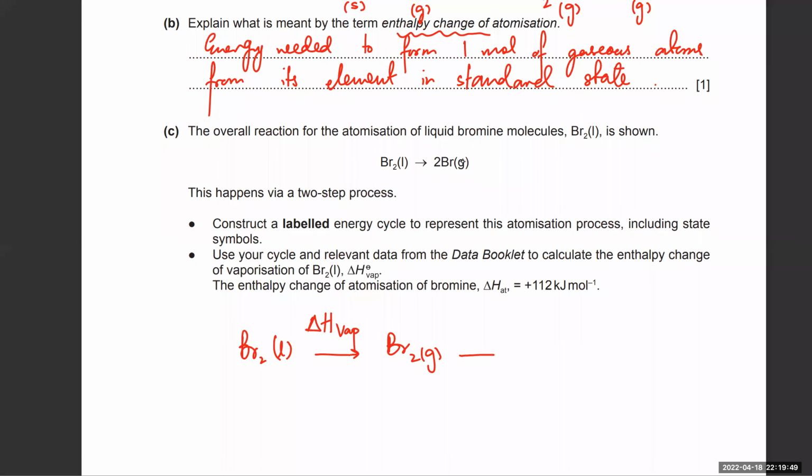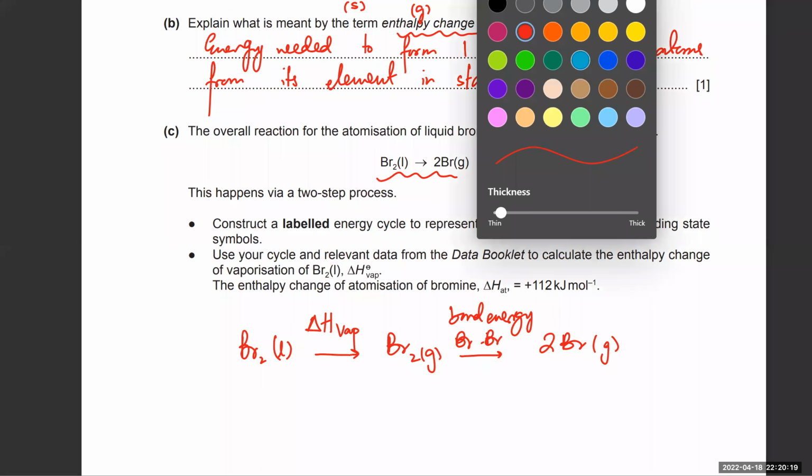So you've got to break the Br2. The next part is you're going to break the Br bond, and you'll get 2Br gaseous atoms. So this is basically the bond energy of Br-Br. They specifically stated that the overall reaction is known as the enthalpy change of atomization, and they've given us the value as well.